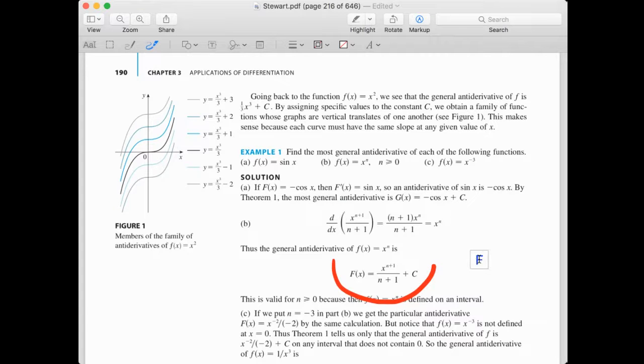So F of x equals x raised to negative 3 plus 1, which is negative 2, then divided by negative 3 plus 1, which is negative 2. We simplify, we get negative 1 over 2x squared.